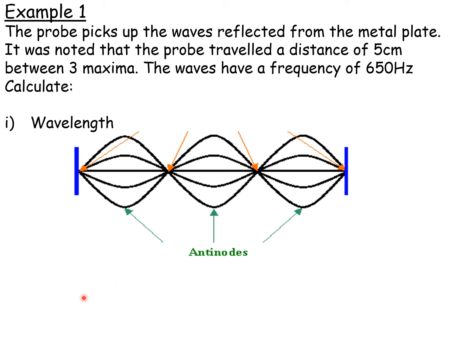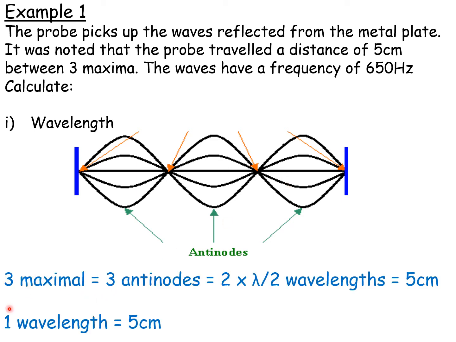Three antinodes means there are actually two half wavelengths. So 2 times half a wavelength is equal to 5 centimetres, and 2 times a half wavelength is the same as one wavelength. So one wavelength is equal to 5 centimetres.